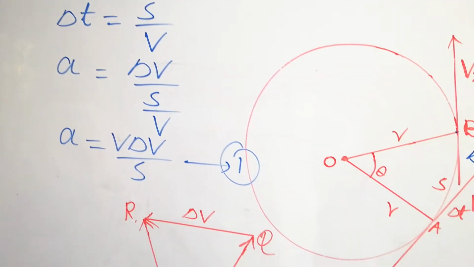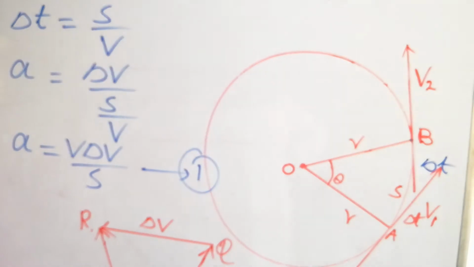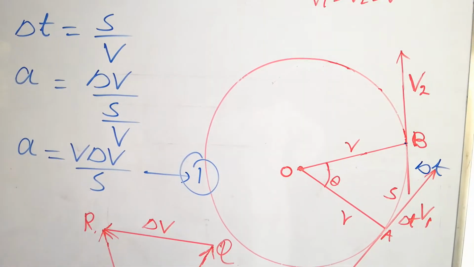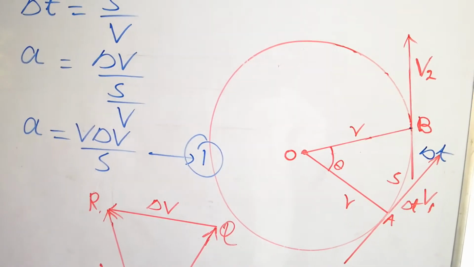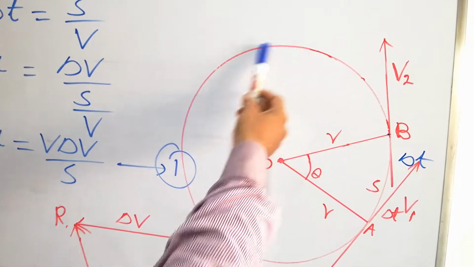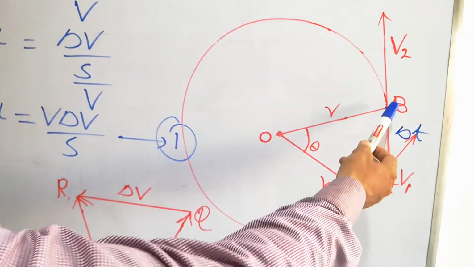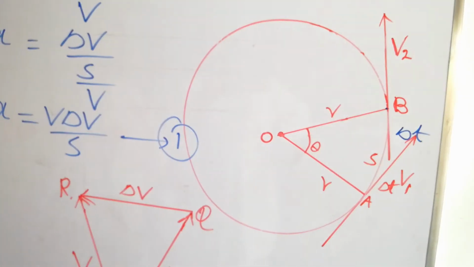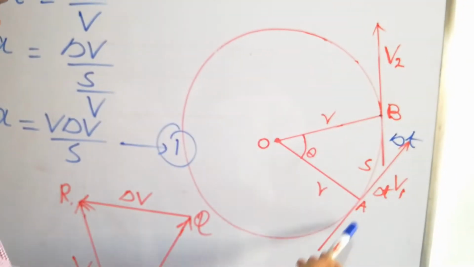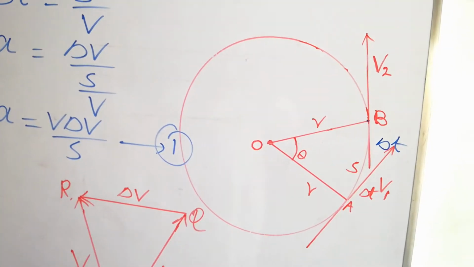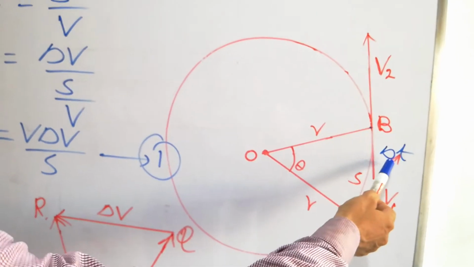Look at it again here, students, very important article. We are discussing centripetal force, and we shall prove that the centripetal force is equal to mv square over r. Let's suppose the body is moving in a circle. At point A, its velocity is v1. At point B, its velocity is v2. But the magnitude of the velocity, the speed, is the same at every point. The body moves from A to B in time delta t.